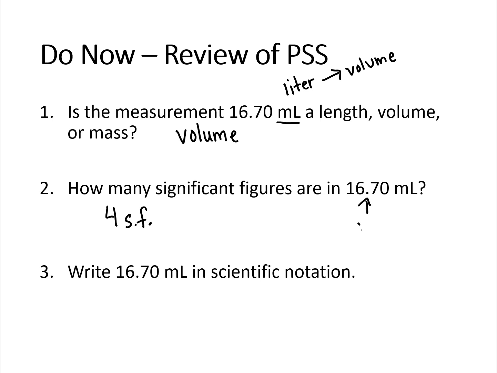Remember that when you see a decimal, that means that any 0 that's at the end of the number is measured. So it's going to be included in sig figs. You see a decimal, all the zeros count.